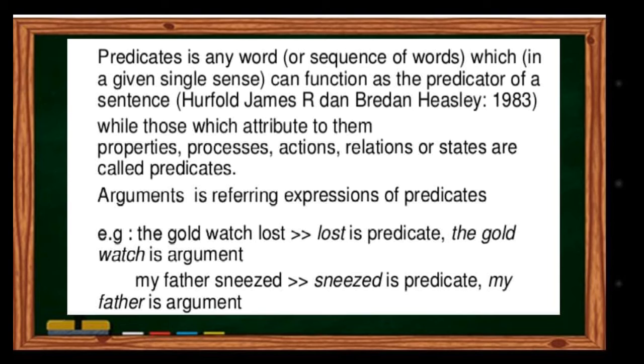So arguments are referring expressions of predicates. For example, the gold watch lost. Lost is the predicate, and the gold watch is an argument. The second example is my father sneezed. So, sneezed is the predicate, then my father is the argument.